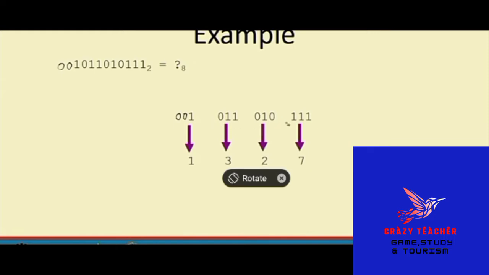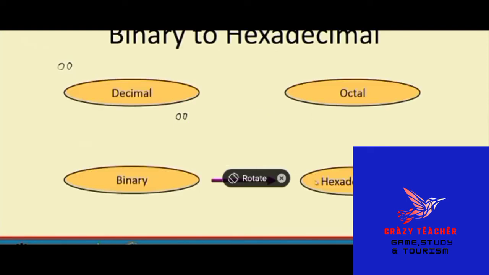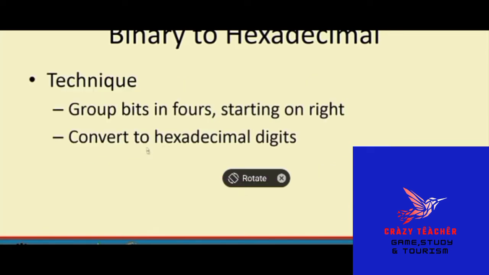Then 1, 1, 0, 1 forms the next group. Then I have only 2 bits left, 0 and 1, and as in the previous case you can safely assume zeros are added, so we get 0, 0, 1, 0. Ultimately the pattern becomes 2BB, and this 2BB is the hexadecimal number corresponding to the binary number that we have.